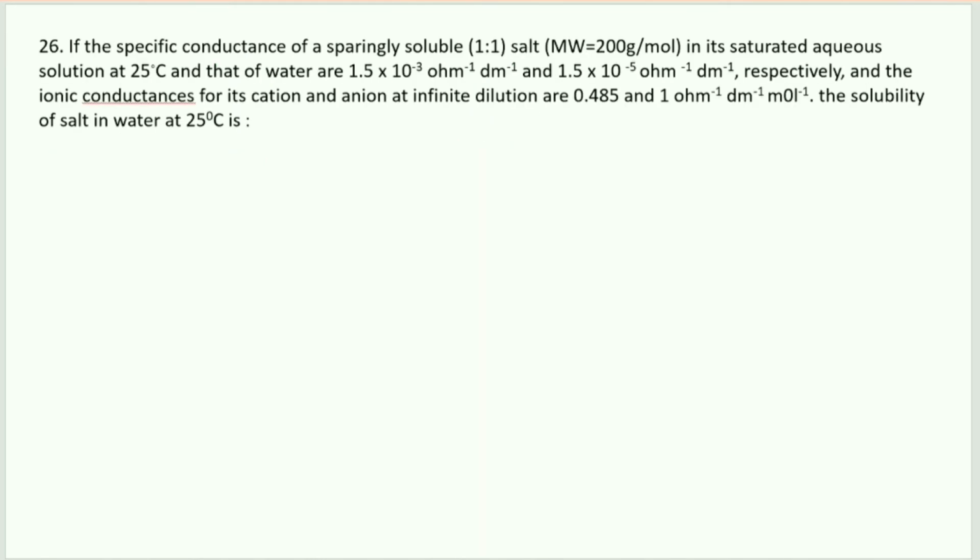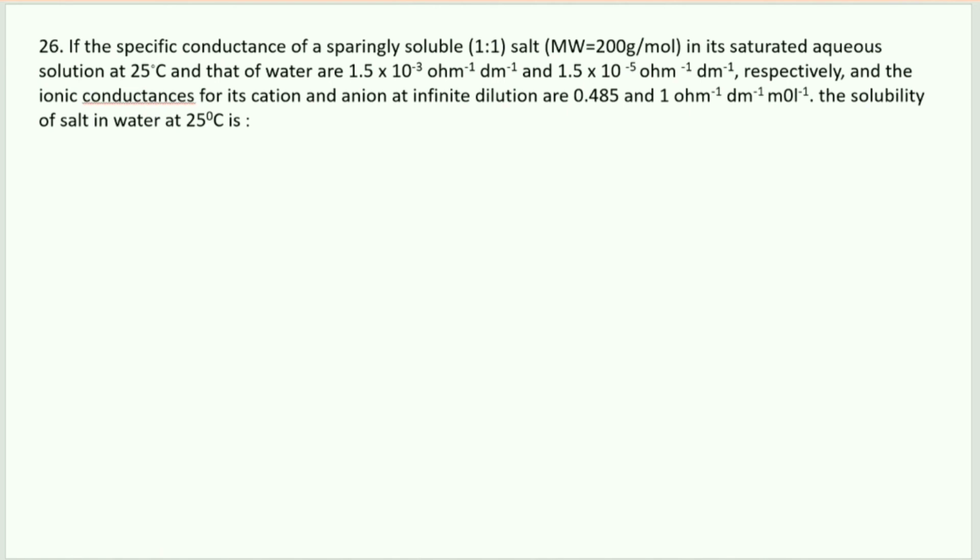26. The specific conductance of a sparingly soluble 1:1 salt of molar weight 200 gram per mole in a saturated aqueous solution at 25 degrees Celsius, and that of water, are 1.5 × 10^-3 and 1.5 × 10^-5 respectively.